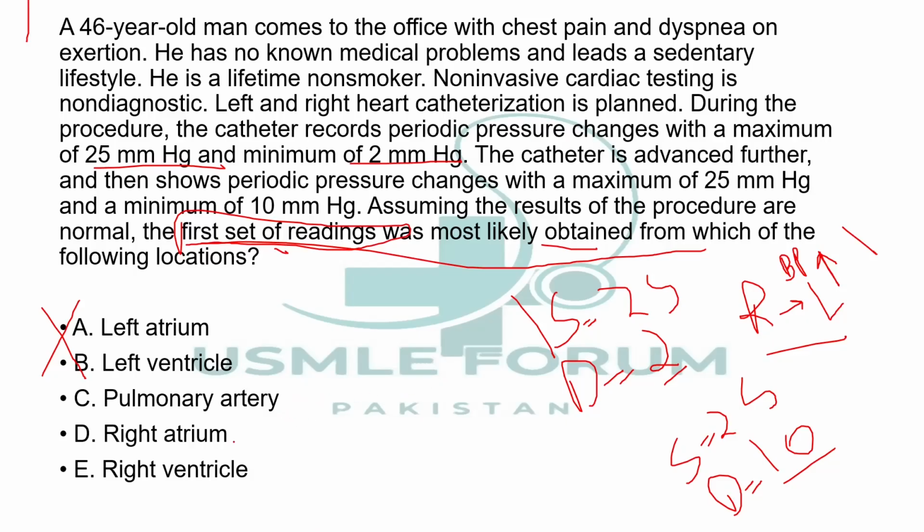The right atrium does not have a pressure of 25. All right, it does not have a pressure of 25. And in the previous video, I have also explained that if you want to go logically in this question, and if you don't know that it has a pressure of 25 or not, then we could also assume that in one of the last videos I've explained to you guys that the diastolic pressure depends on the systemic venous resistance, right?